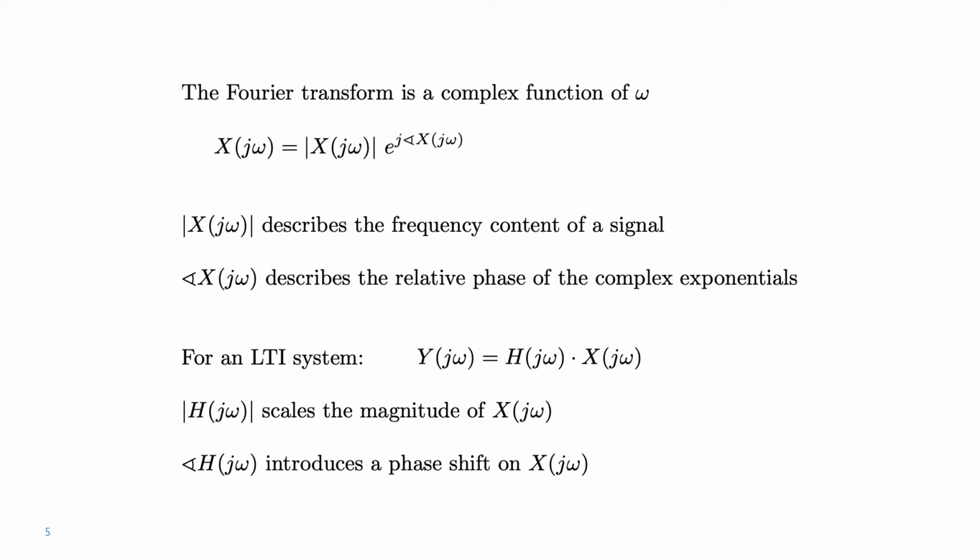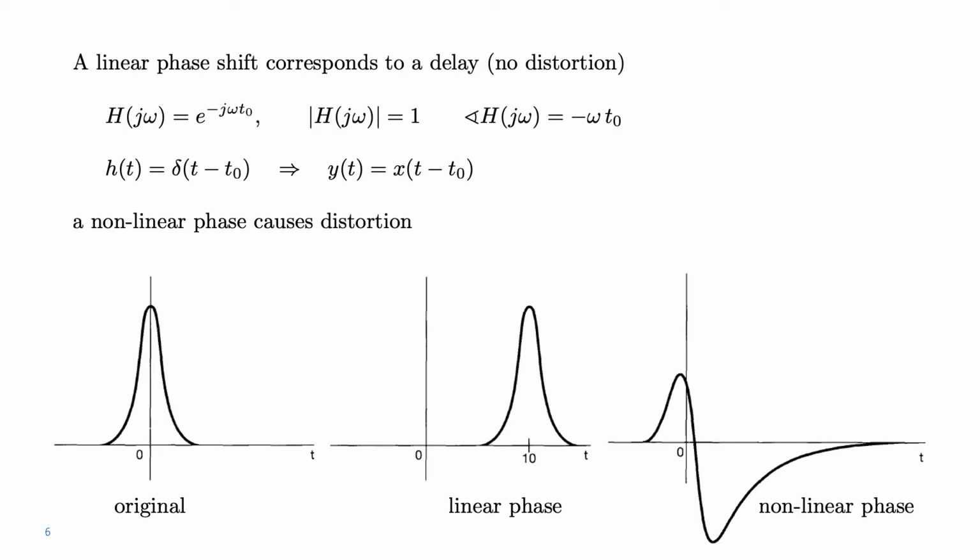The magnitude of H(jω) scales the magnitude of the Fourier transform of the input, and the phase of H(jω) introduces a phase shift on the Fourier transform of the input. We should notice that a linear phase shift corresponds to a simple delay, so it does not introduce any distortion.